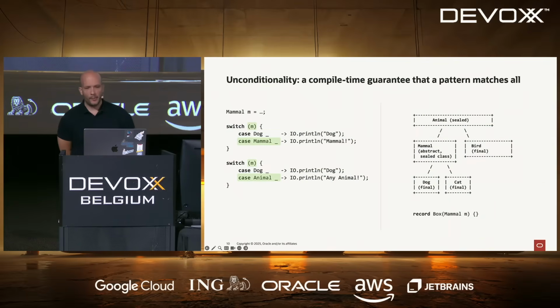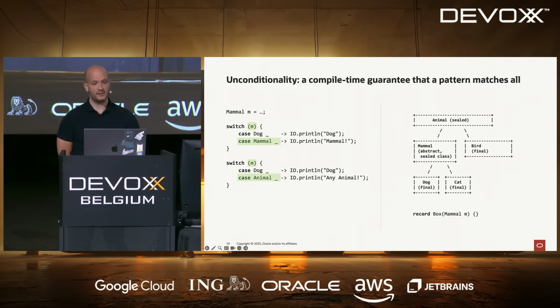The second property is called unconditionality. So here, we can define unconditionality as a compile time guarantee that the pattern will match every possible value that will flow through the selector of the switch. So an unconditional pattern means that there is no possibility of a match failure to either of those cases.